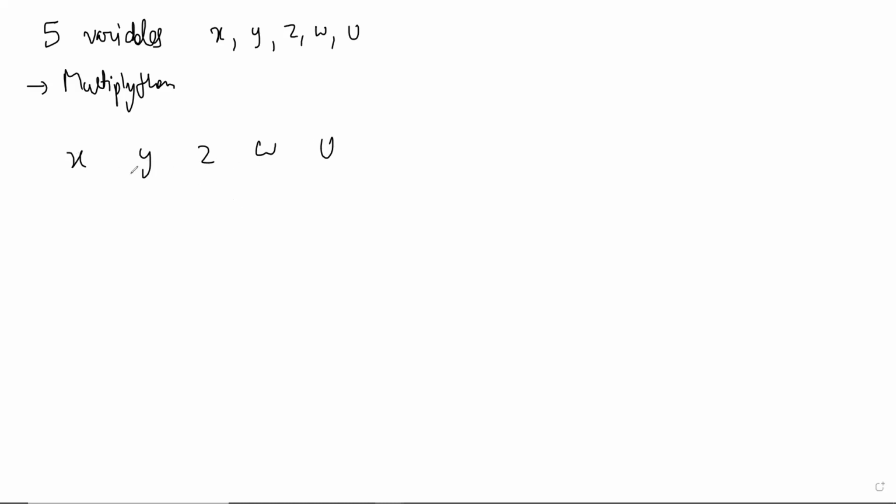Basically, in how many ways can you evaluate these 5 things? For example, I shouldn't say multiply. I should say how many orders of evaluation.